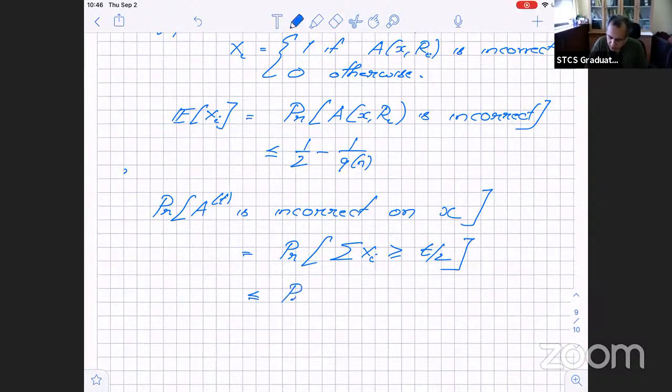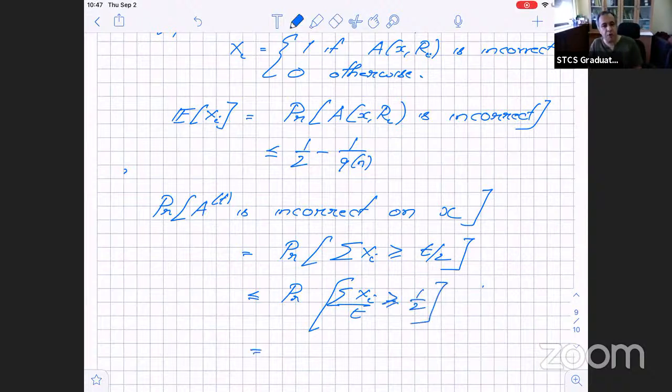The probability summation Xi by T minus half minus 1 over Q. First, let me write it this way. I want to skip 2 steps. This is greater than or equal to half.